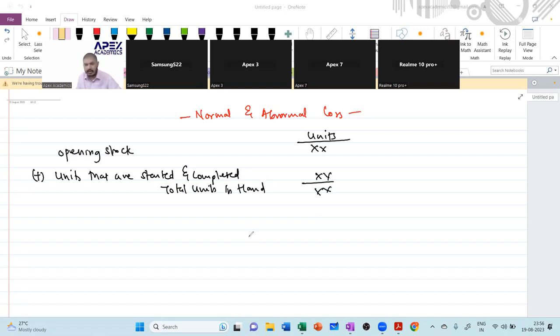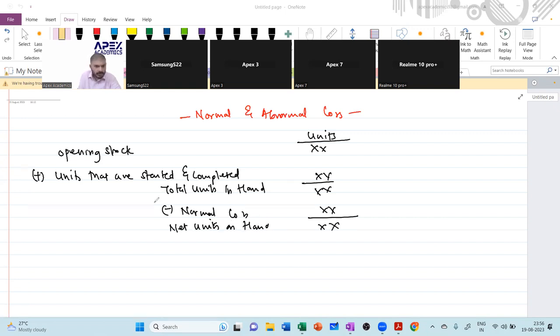In hand. Now, remember that when you are taking these total units into consideration, from this, a normal loss will be deducted, which is expected to happen. What will this be? This will be the net units on hand.